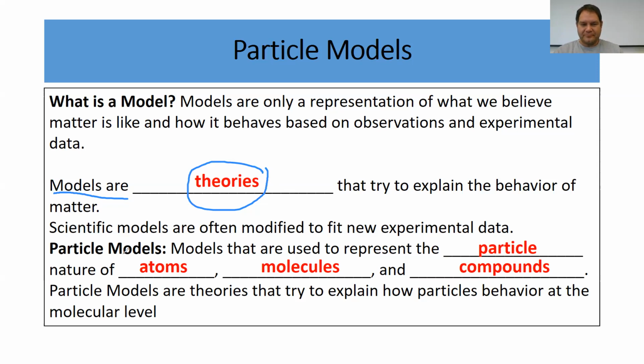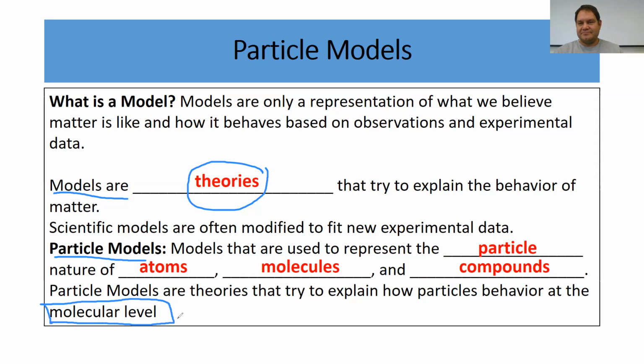So we can use particle models to represent all particles, to represent atoms, to represent molecules and compounds, all at this particle level or molecular level. The molecular level is really, really small. Super small, much smaller than the level of cells and everything else.